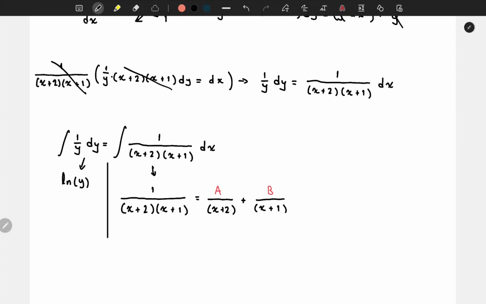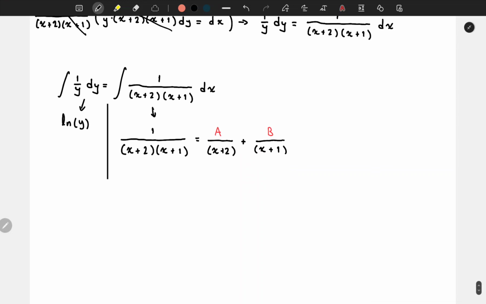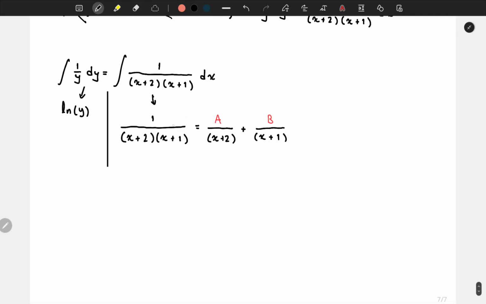And so we need to find these constants, and we can evaluate that by essentially multiplying the denominator to 1, to A, and to B.